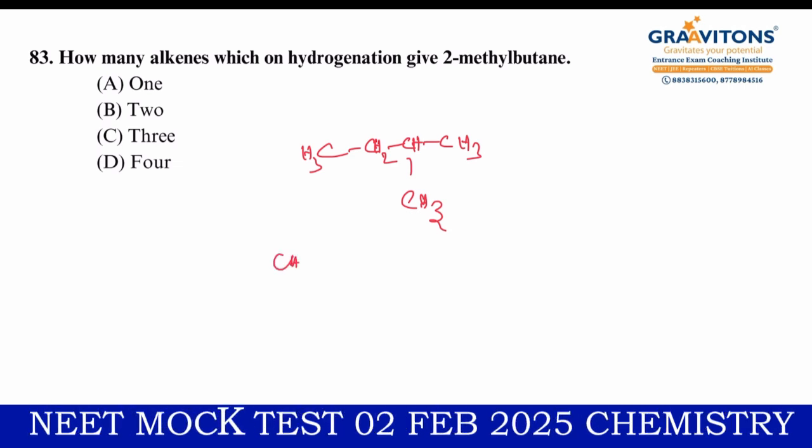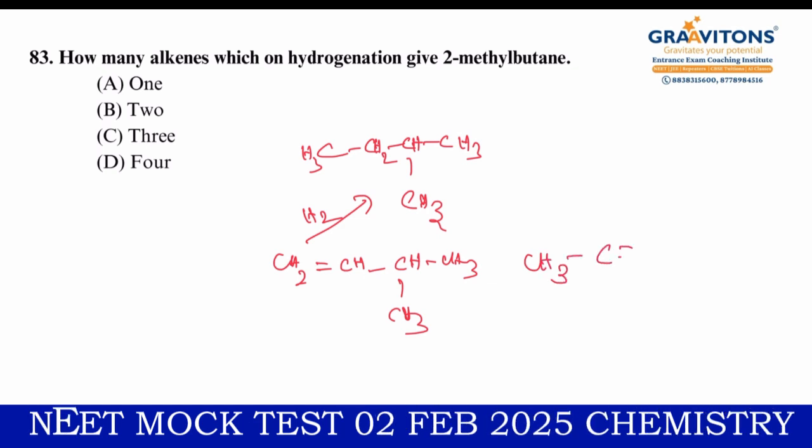They can have a double bond on this carbon. If you go for hydrogenation, the addition of H2 will give this 2-methyl-butane. The second case: you can have a double bond between the second carbon and the third carbon, where on hydrogenation, addition of hydrogen gives you the above compound.